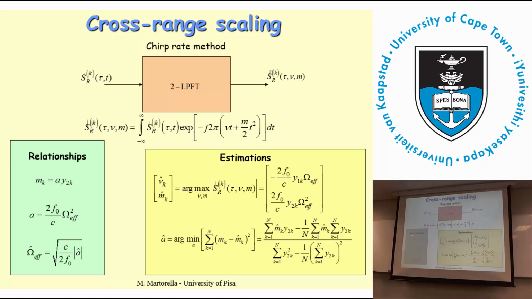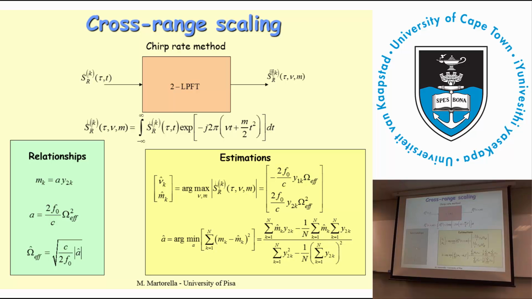Let's look at this other side. If you look at M particularly, M depends on the frequency, depends on the range coordinate, and depends on the square value of the effective rotation vector. So that means the M is proportional to the range coordinate through this factor here that contains this guy multiplied by this guy here.